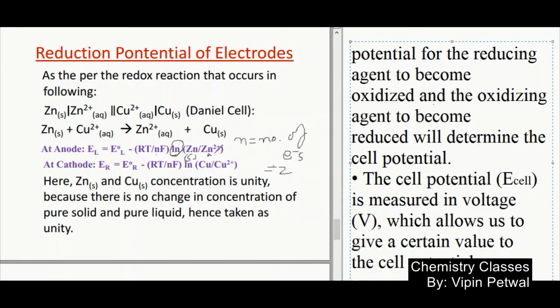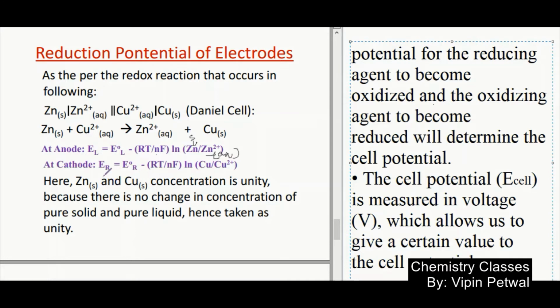Okay, and this is in aqueous solution. Is it clear? Okay, and for the solid, we know the concentration does not change. This is solid here, and for this there is no change in concentration. Concentration change is only for this aqueous solution where Zn2 positive is present.